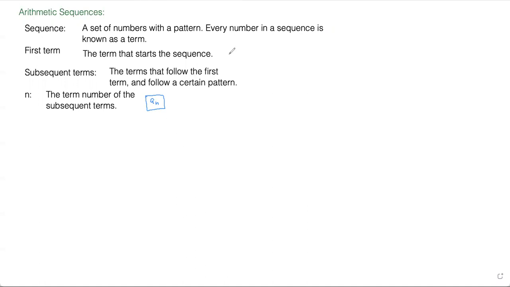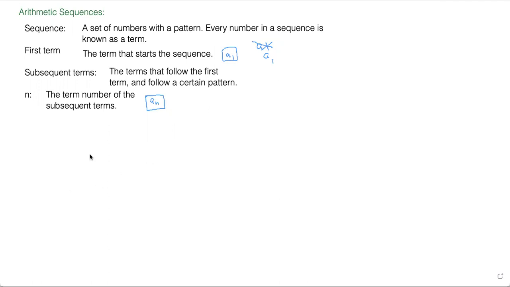And the first term is denoted as a_1. Again, the 1 needs to be below the a, not equal to a. So not a1, it has to be the 1 below the a, like so.